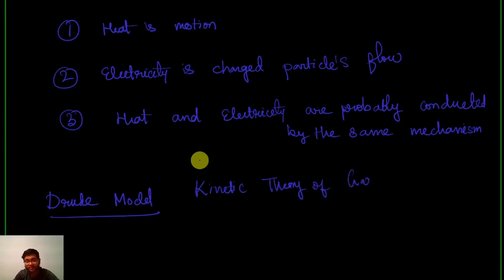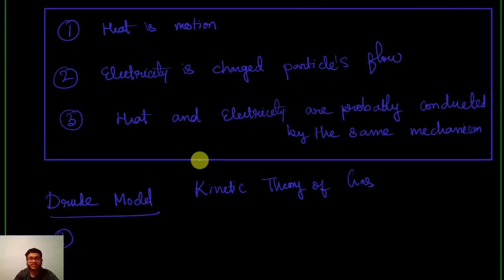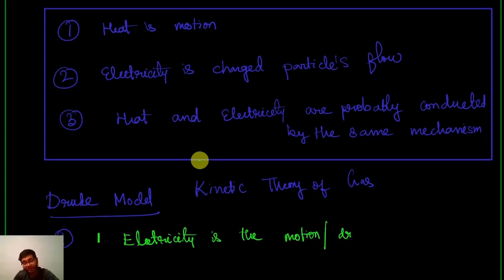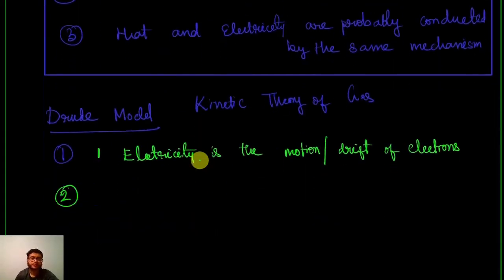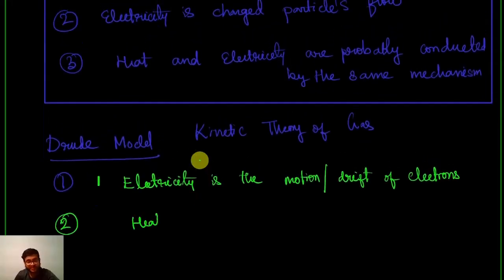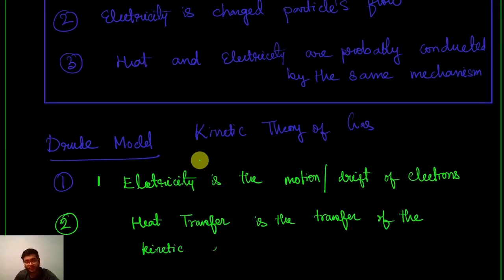And he rebranded these three statements: electricity is the motion or drift of electrons, and heat transfer is the transfer of the kinetic energy of electrons via diffusion.